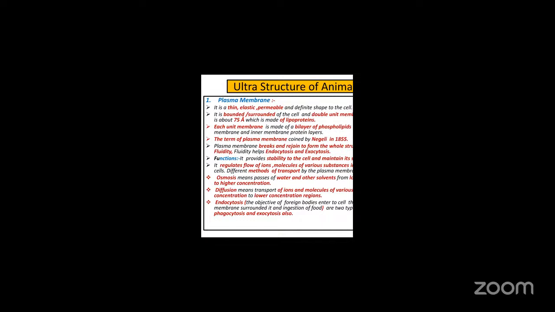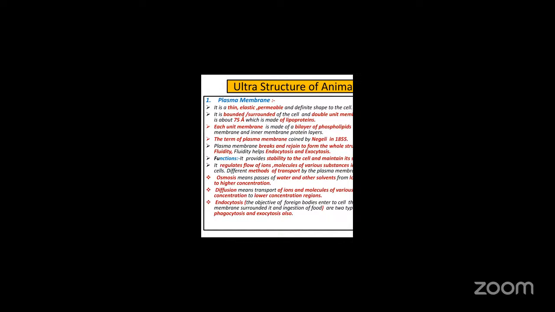The term plasma membrane was first coined by Nageli, and this plasma membrane breaks and rejoins again to form the whole structure, which is called fluidity. Whatever the content, that means the lipids, the proteins, as well as the carbohydrates and the enzymes present in the plasma membrane, they are present in a fluid or quasi-fluid state.